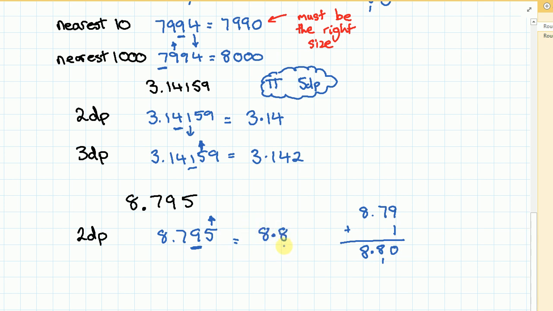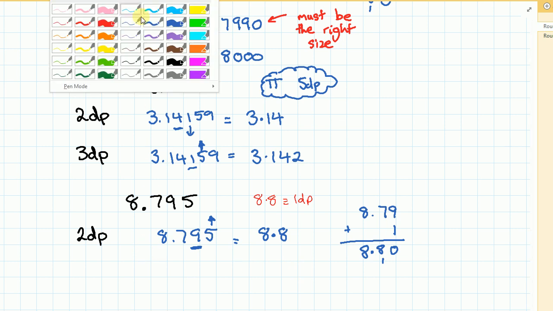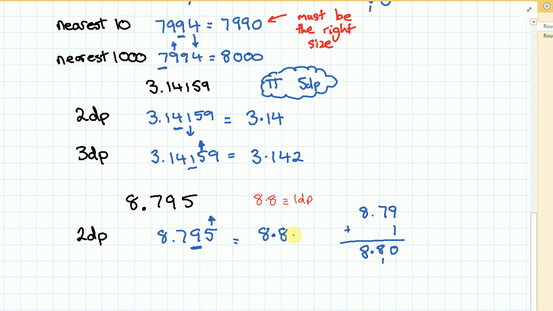But this only shows only 1 decimal place. So I must show that I knew this was to 2 decimal places. So I do show the next column is a 0. That must be seen.